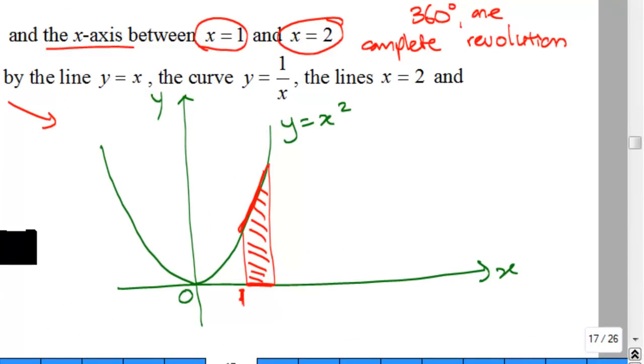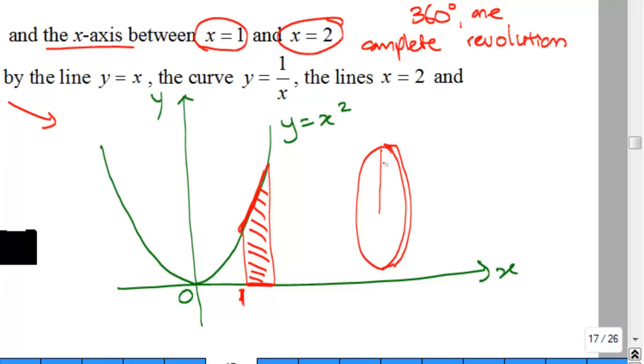Now, when we need to find the volume generated, recall that in the animation we get the total volume by summing up the volume of all these circular discs.